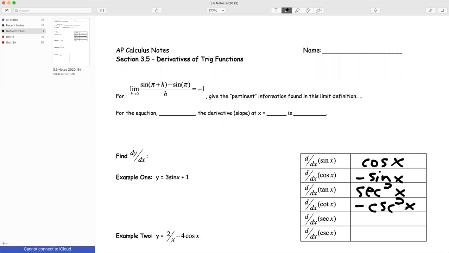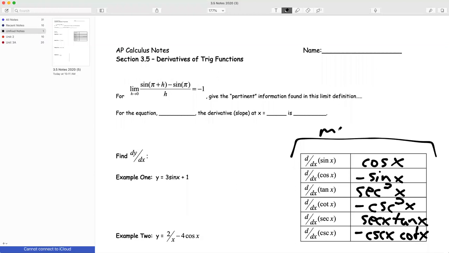The derivative of secant is secant x tangent of x. And the derivative of cosecant of x is going to be negative cosecant x cotangent x. These you should memorize.